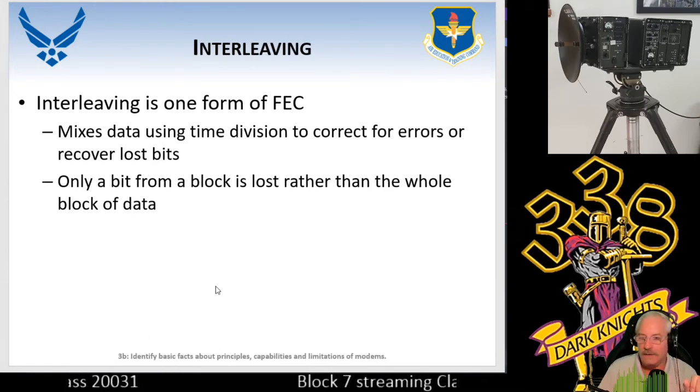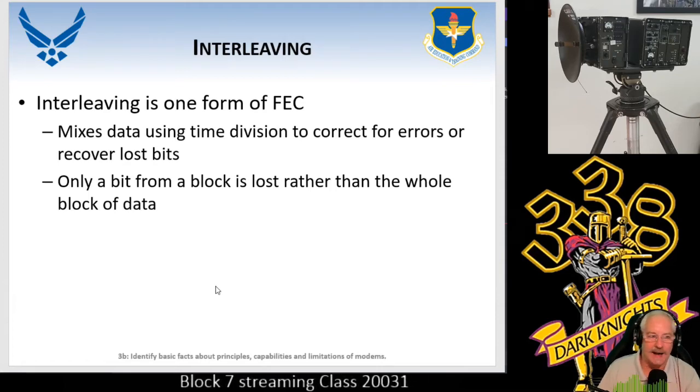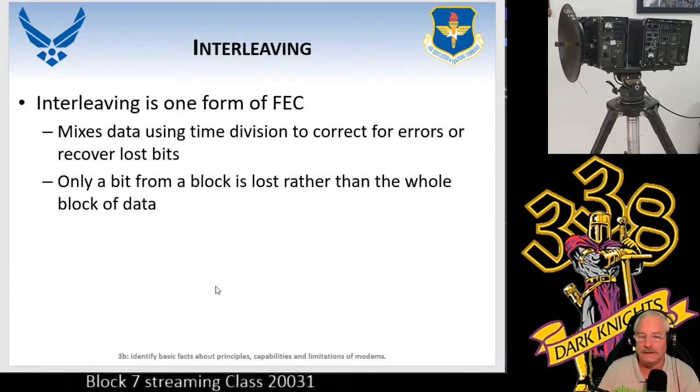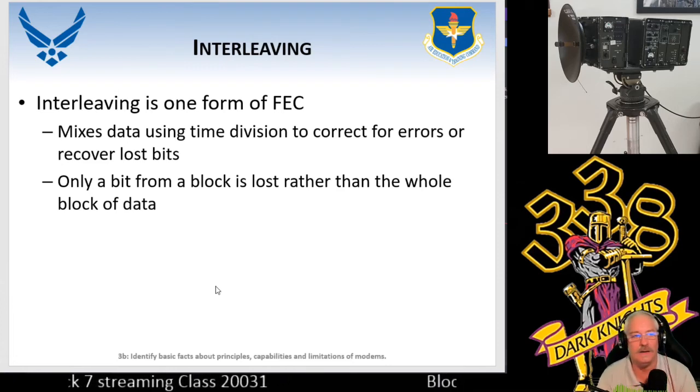Now, they do have another form of forward error correction. This one's called interleaving. I'm not going to go into it. The idea behind it is when you're sending out packets of data, you could lose a whole block of it. By interleaving, or mixing, the forward error correction in there, you're able to retain that whole block instead of losing it.